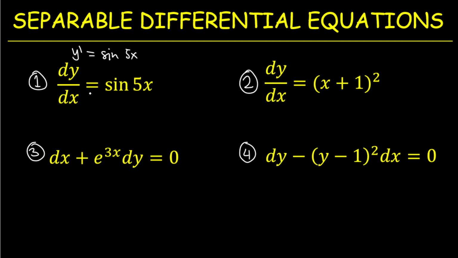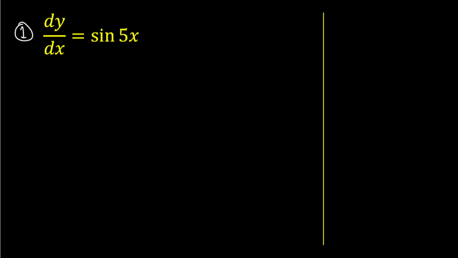And maybe let's do all the examples here to get the step-by-step done. Okay, let's do the first one here. We have a differential equation, dy over dx is equal to sine of 5x.